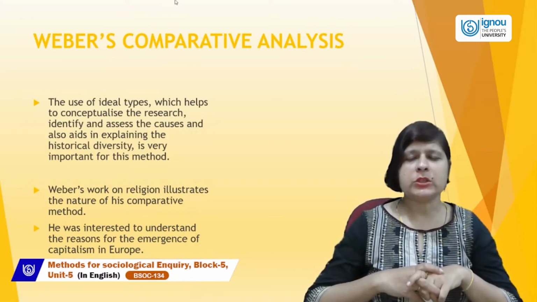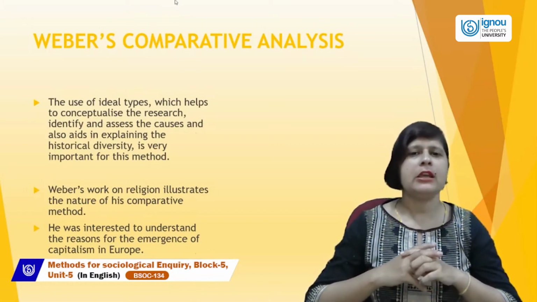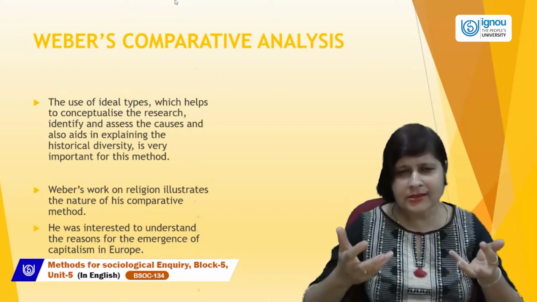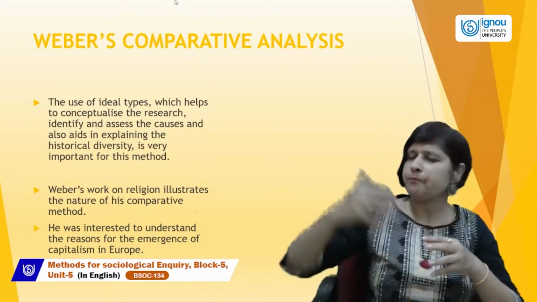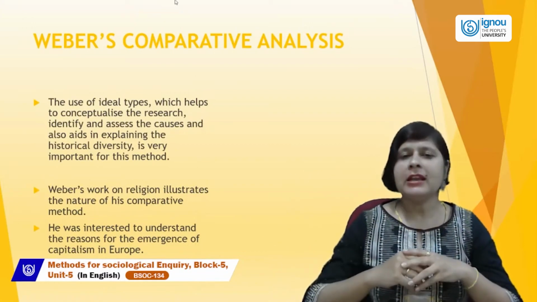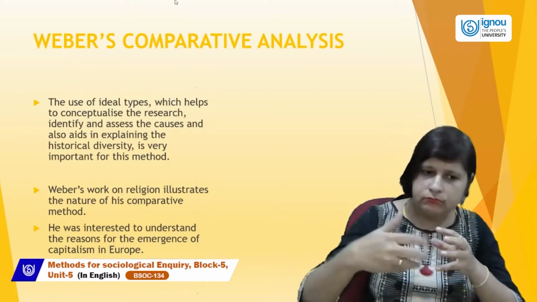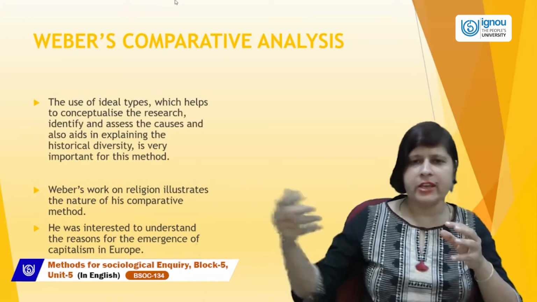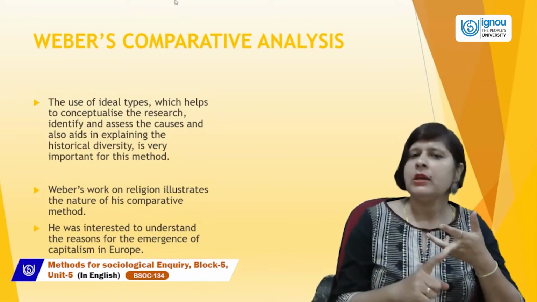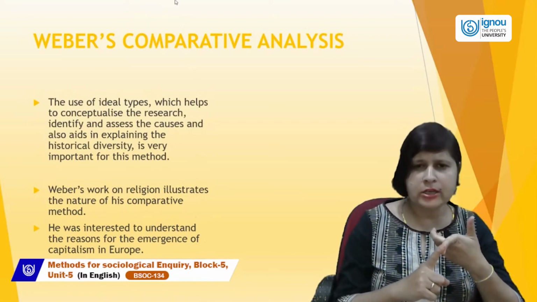As we all know, Weber worked extensively on religion. According to Weber, capitalism is the result of Protestant ethics. It is because of the Protestant ethics that capitalism arises, right? We discussed this. Then he studied and compared the religions of the various societies. He studied Buddhism, Hinduism, Protestantism, and Confucianism, right?